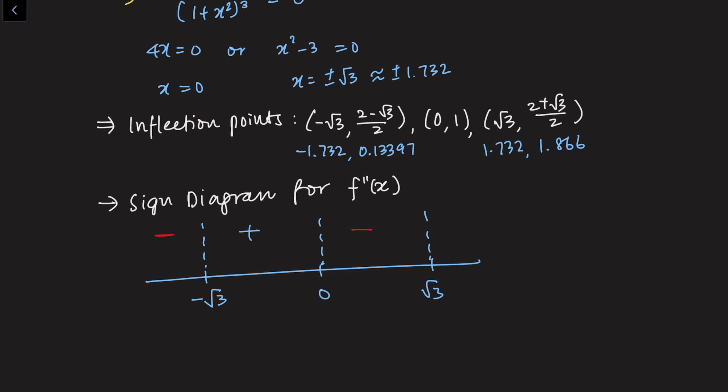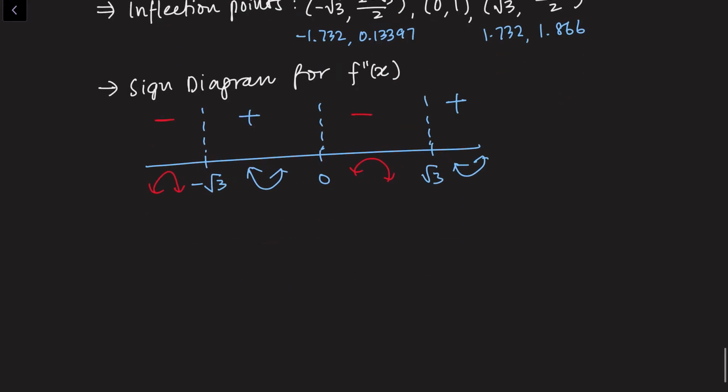Lastly, I take maybe a 2, because square root of 3 is 1.7 something. I get a positive, which means it is concave up. So: down, up, down, up.